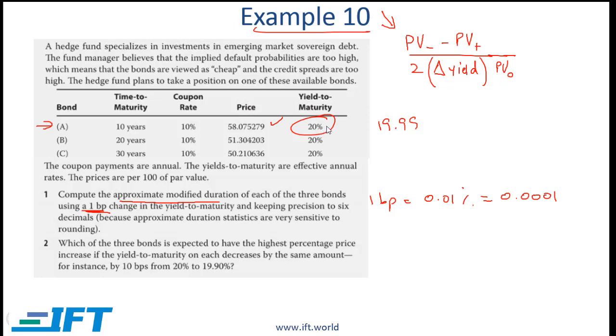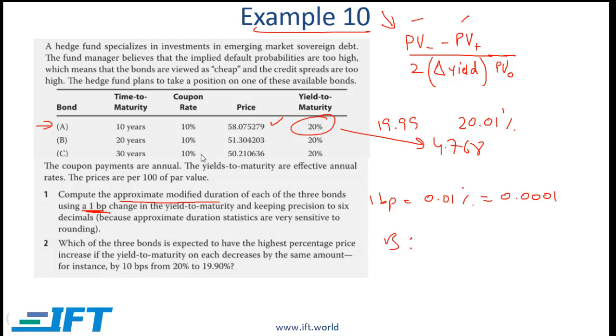When you do your calculations for PV plus, you will have to use a discount rate of 20.01%. Using these numbers, you come up with PV minus and PV plus, and for bond A, the answer is going to be 4.768. This is the approximate modified duration for bond A.